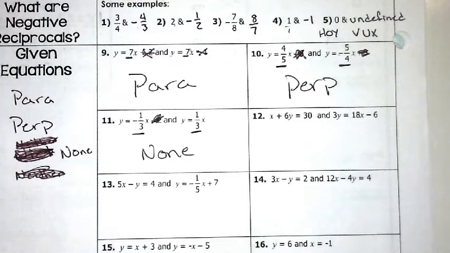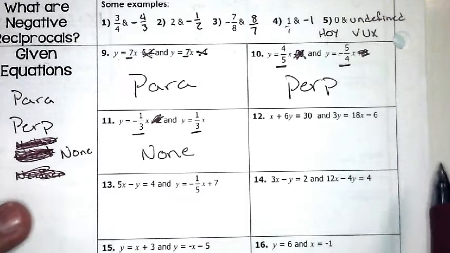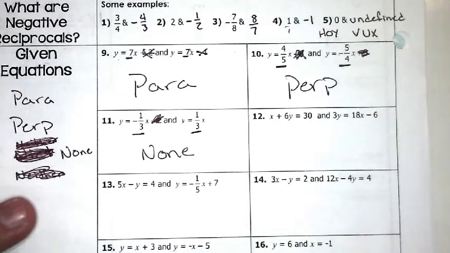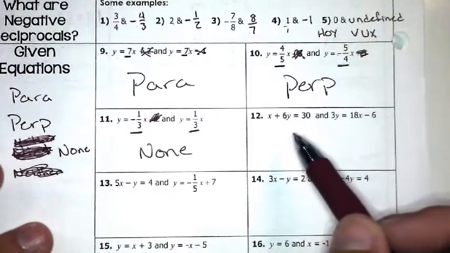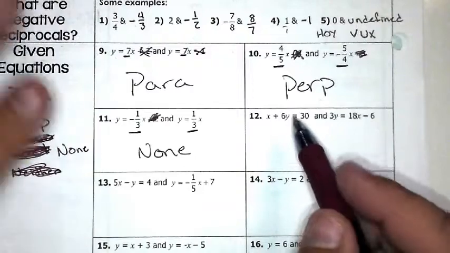All right. Now, 12 looks oddly different from 9, 10, and 11. It's not in slope-intercept form. So what do we do? We make it into slope-intercept form.